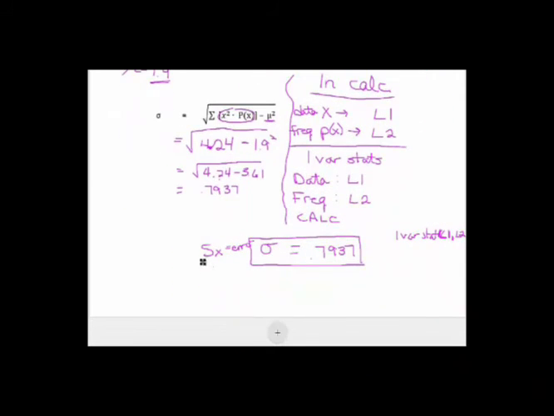So if you think about how you do the standard deviation of your sample, you do all this big calculation on the top, big sum of everything, but you divide by n minus 1. Well, if our frequency is 1, 1 minus 1 is going to give you 0. You can't divide by 0.